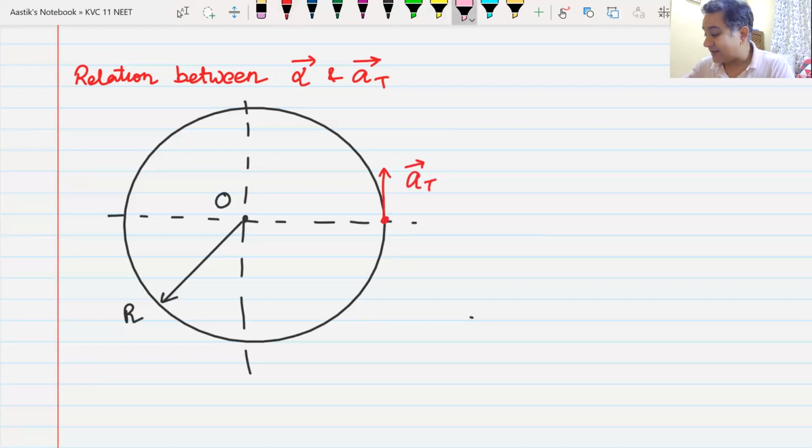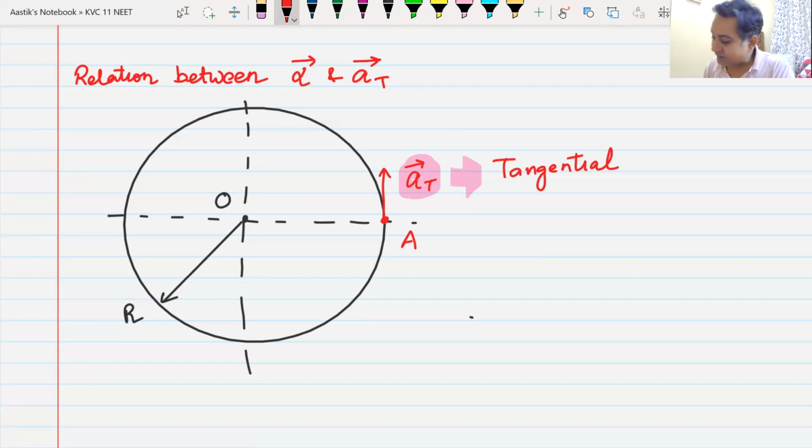Why is it known as tangential acceleration? Now you can understand why it is known as tangential acceleration, because it is always in the tangential direction. Do we understand this? Tangential acceleration AT, and it also has an angular acceleration alpha. And there is a relation between these two, and it is very easy to understand.